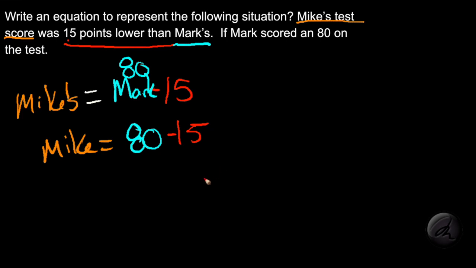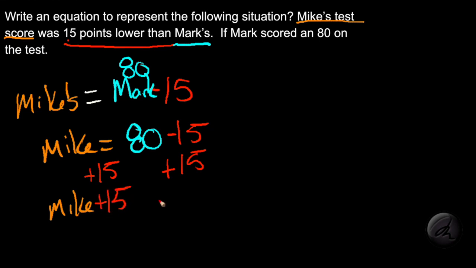But let's just look at this as if this wasn't an answer on our choices. So what else could we do to this equation? Well, it seems kind of silly right now, but if we were taking the STAR test and this wasn't an option, I know that I could add 15 to both sides, and that would give me Mike plus 15 equals 80.